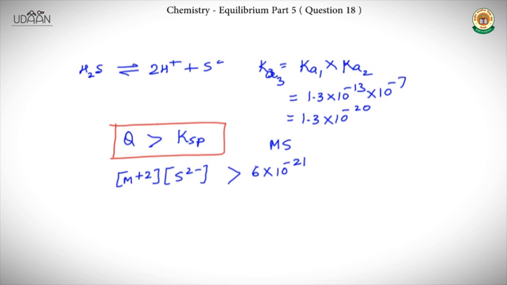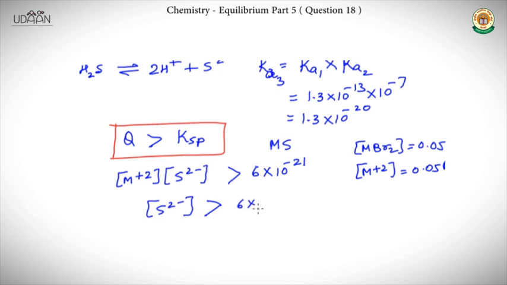And the concentration of MBr2 salt is given as 0.05 molar. So when the salt dissociates, the concentration of M plus 2 will be 0.05 molar. So we can substitute this to obtain the inequality: S2 minus should be greater than 6 into 10 raised to the power minus 21 upon 0.05 molar.